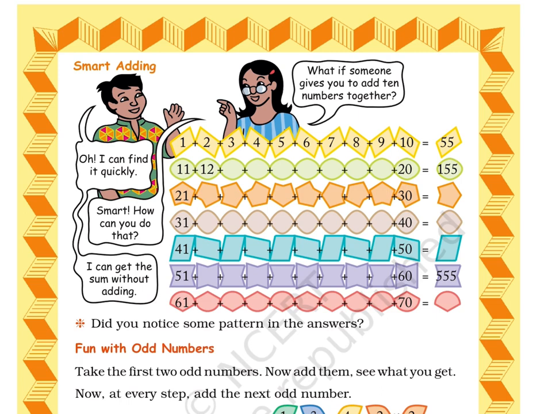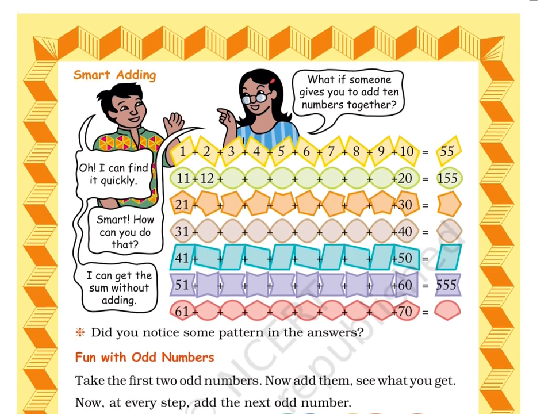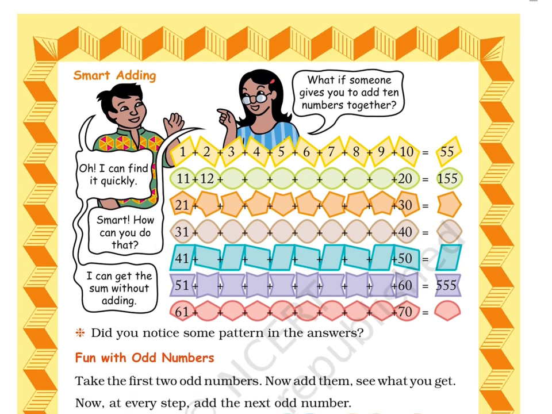The fourth row says 31 plus dash, and so on, plus 40 is equal to dash. The fifth row says 41 plus dash, and so on, plus 50 is equal to dash.